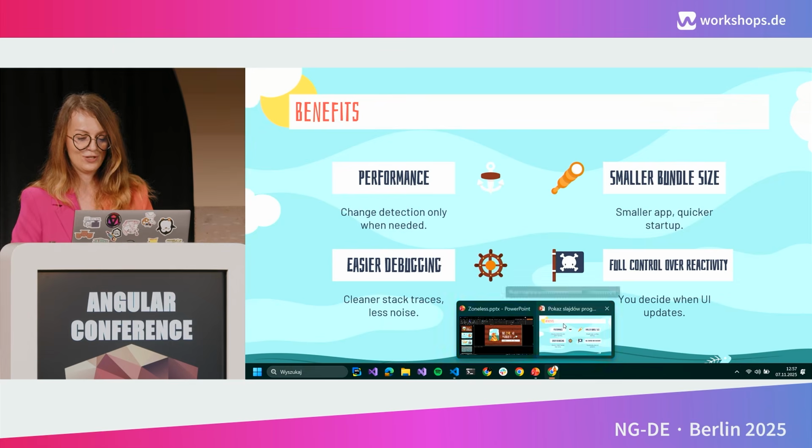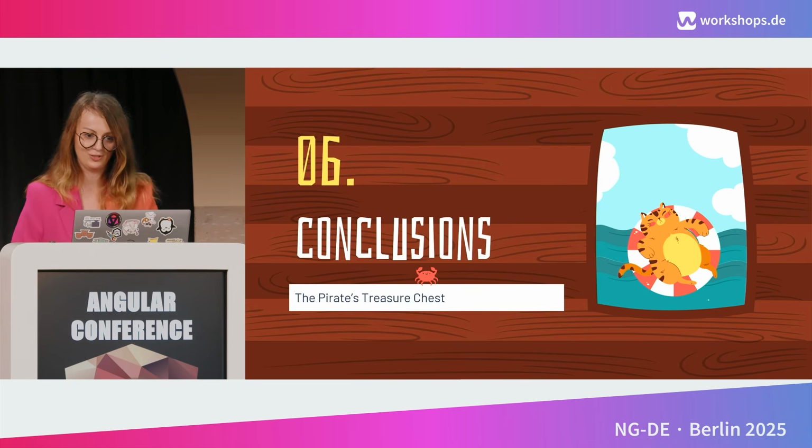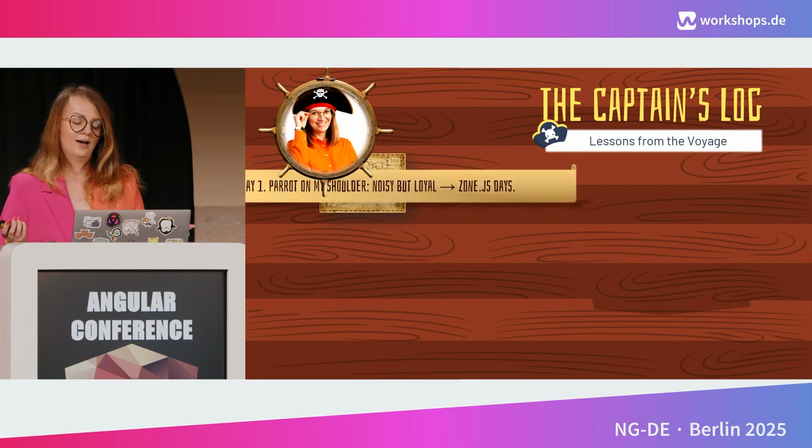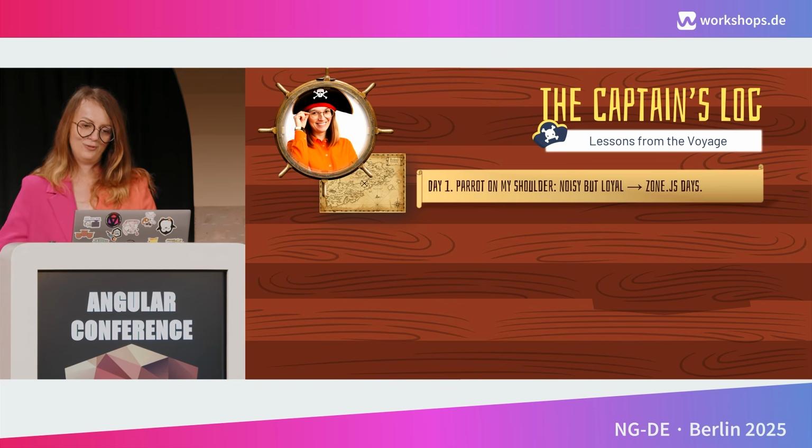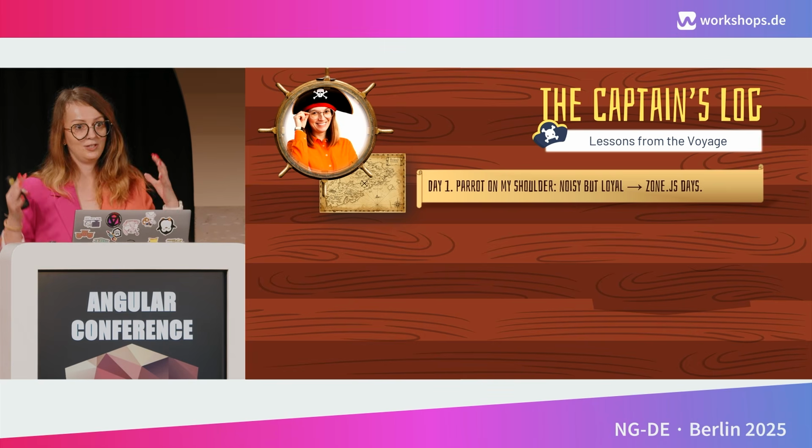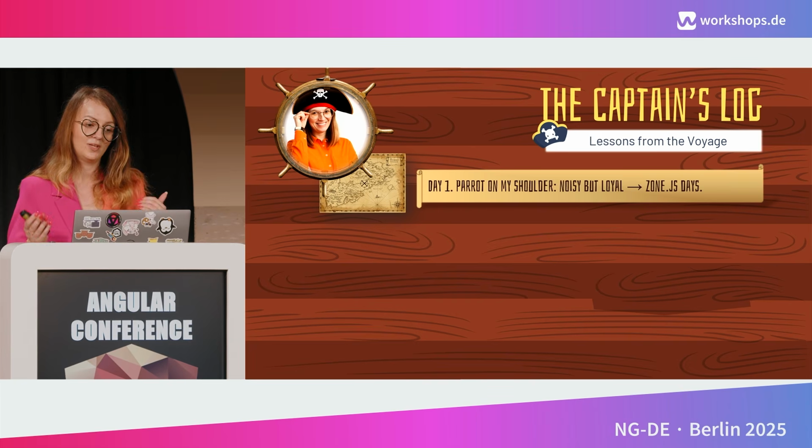So it's time for the conclusion. Kids, I know that all of you were or are in this place where Zone.js is in your application. And probably a lot of you realize that it's causing some performance issues.